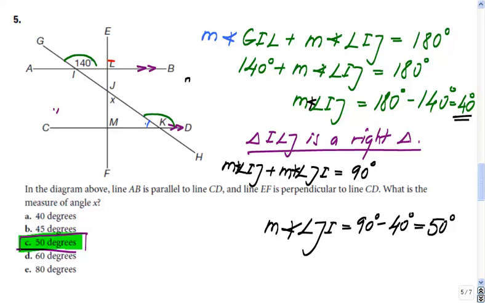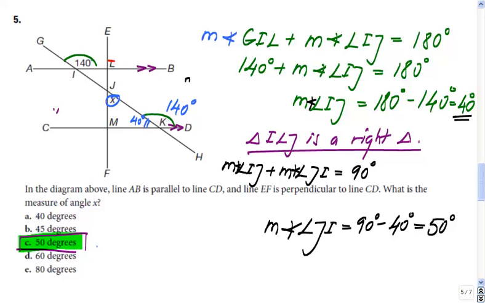If those two angles are congruent, I will be able to find the measure of this angle here, because this small angle JKM plus this angle here, which now we know is 140, should be 180 degrees, and that tells you that this angle here is 40 degrees. Knowing this one is 40, X should be a complementary angle to this one, right? They should add up to 90 degrees. So if I said before that those two angles JIL and LIJ are complementary, no, they're supplementary because they add up to 180.